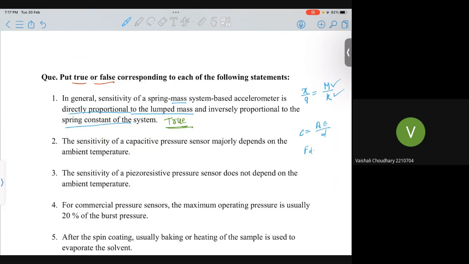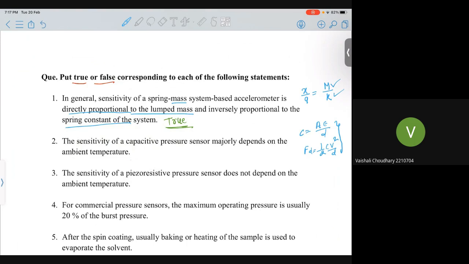Or in terms of displacement force, this is again half C V squared by t. So we can directly observe this does not depend on the ambient temperature.